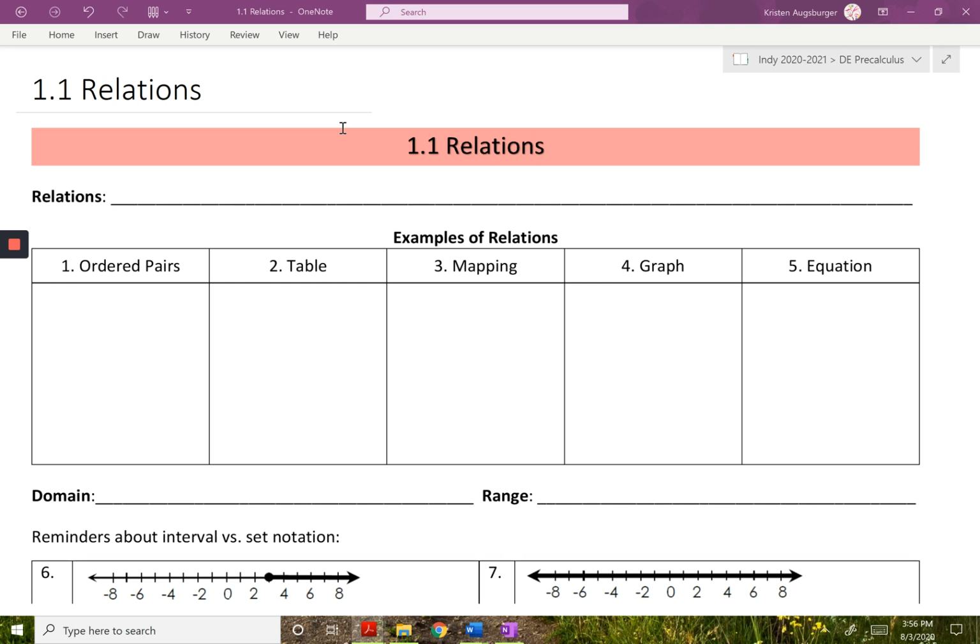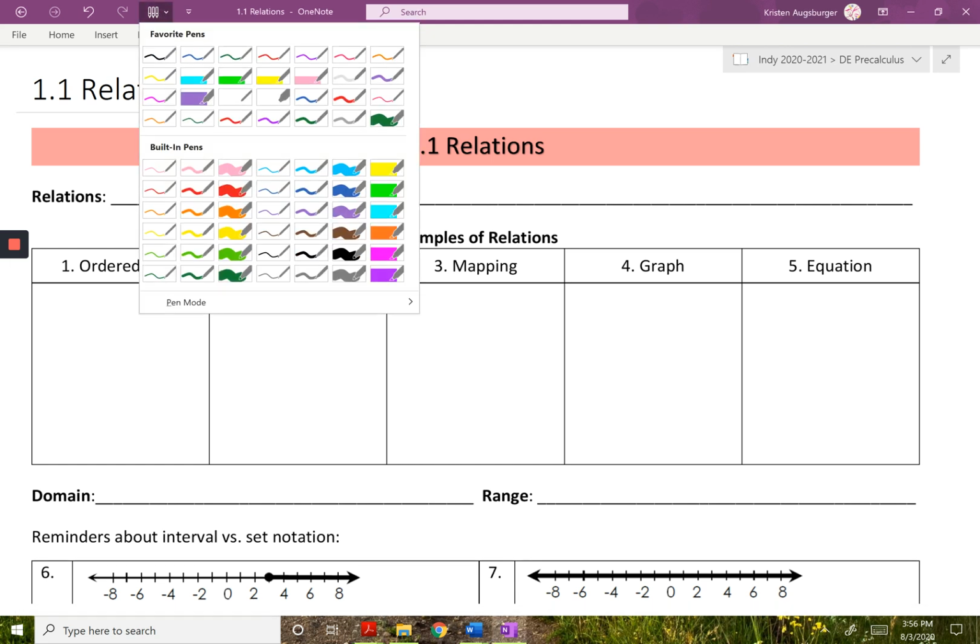But here we go. What, in fact, is a relation? Well, a relation is any set of ordered pairs.